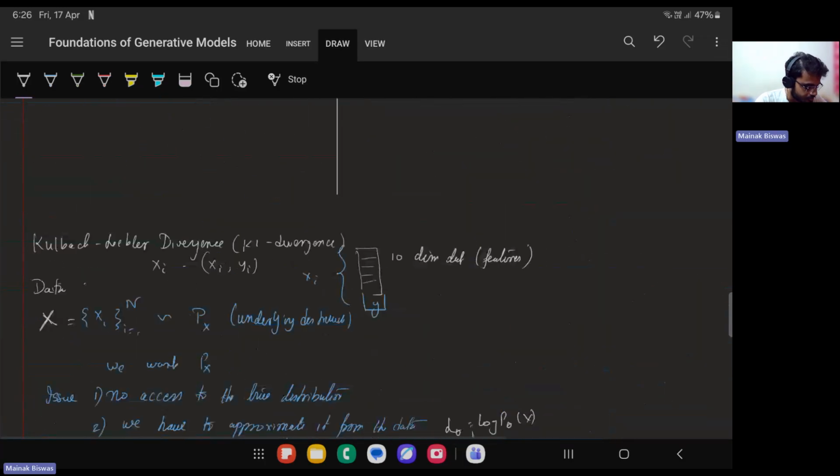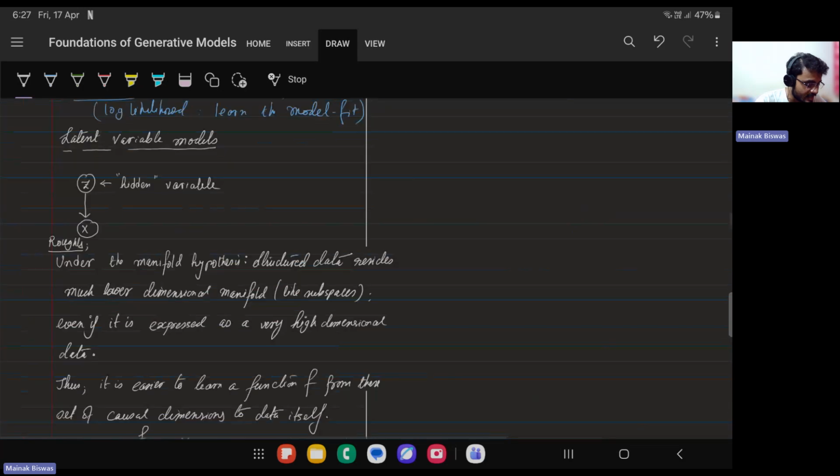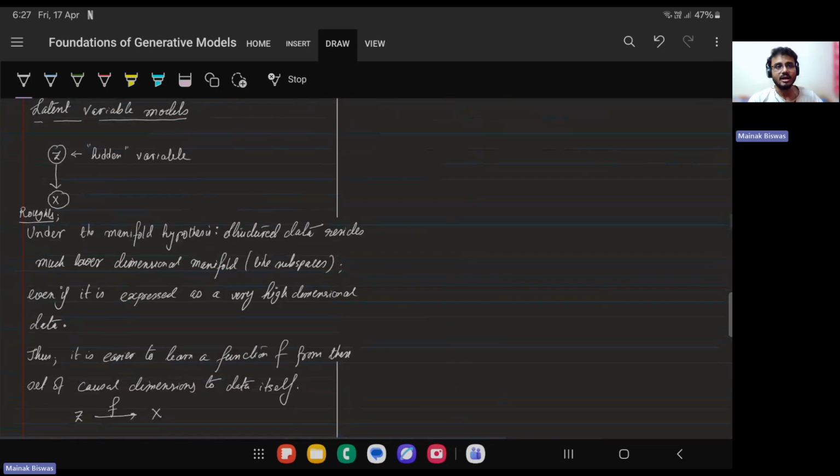That is MLE. So now we will be starting off with what is called latent variable models. In the next half an hour, we'll be seeing what are called mixture models, and they will be serving as the foundations for understanding variational autoencoders, GANs, diffusion models, and so on.